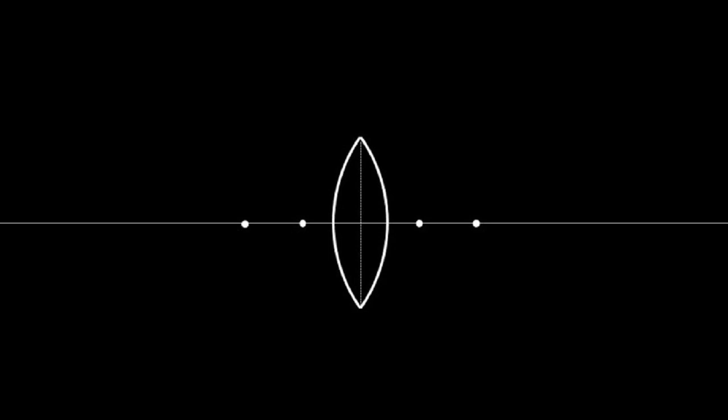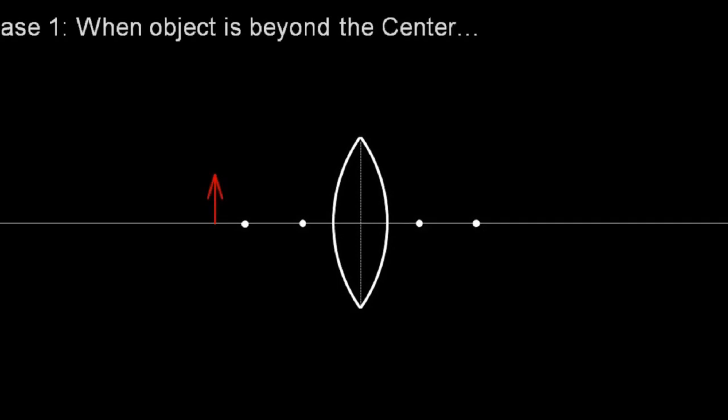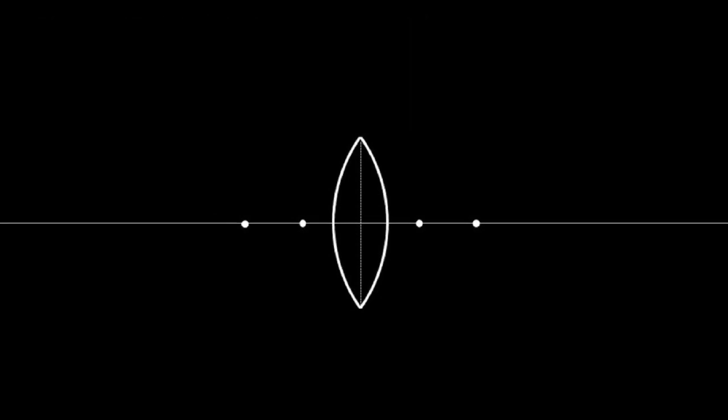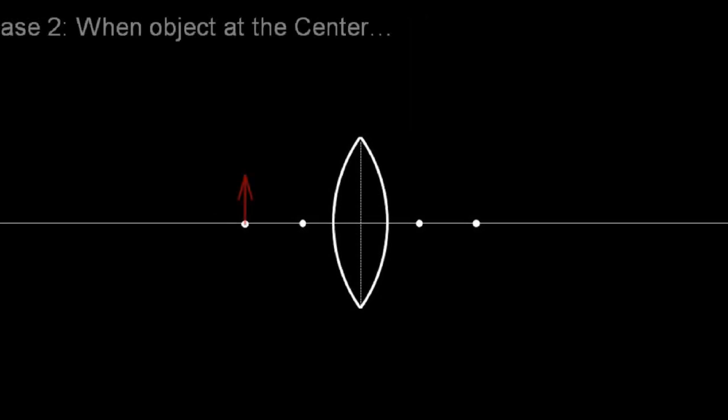In this section we will be discussing 5 distinct cases depending upon the position of the object. In the first case, the object will be located beyond the center. In the second case, the object will be located right at the center.